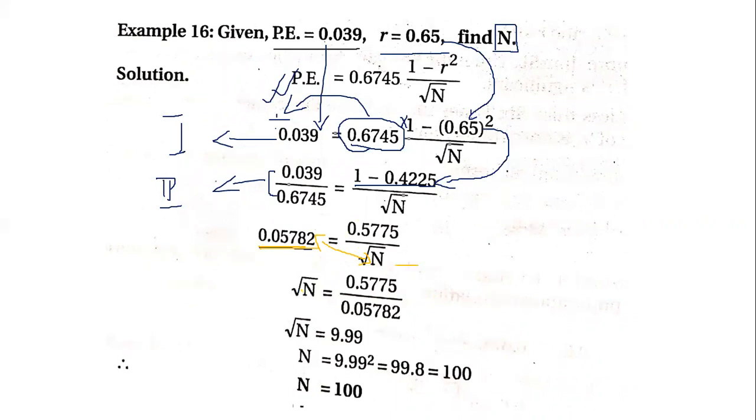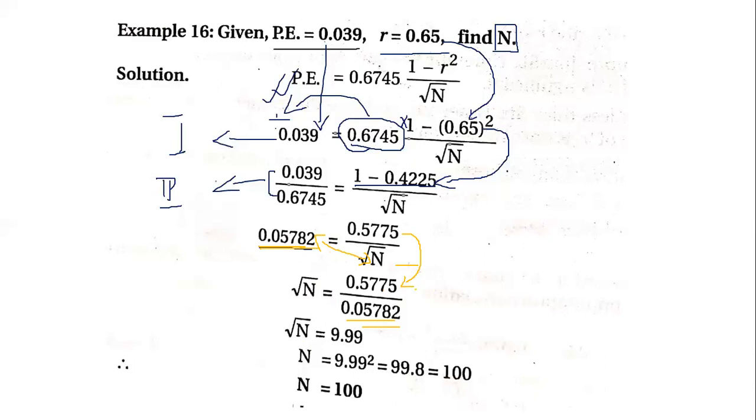So square root of N is equal to this 0.5775, which will remain as it is, and this value of 0.05782 is coming down. So I write it here in the denominator. Fine. Now I have one unknown value on one side and known values on the other side.